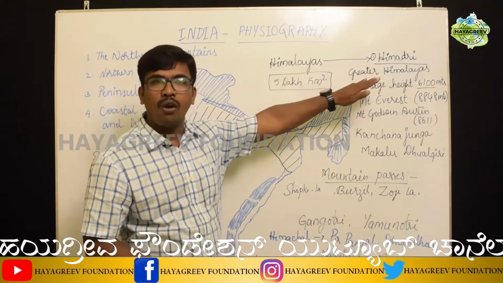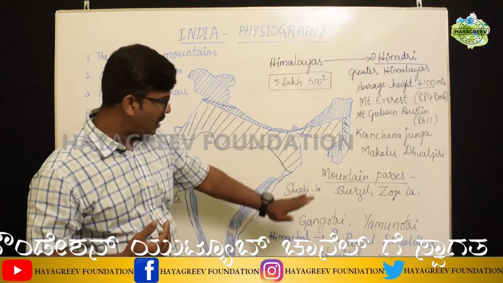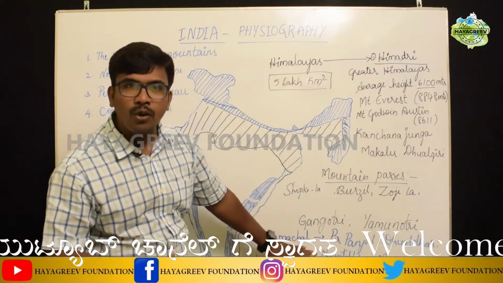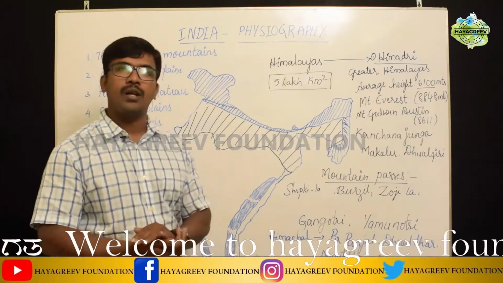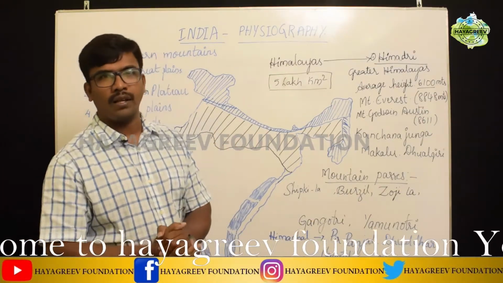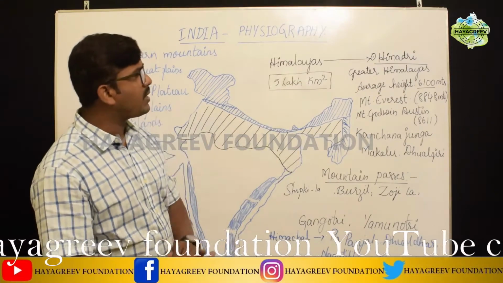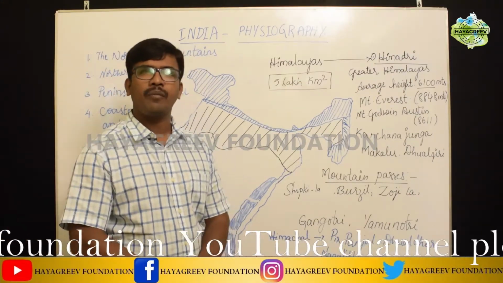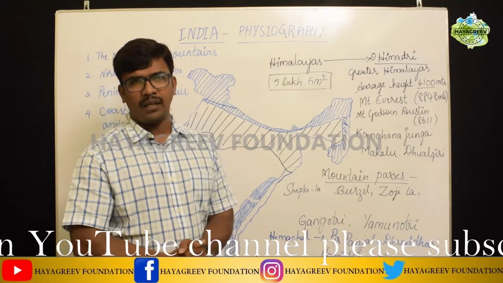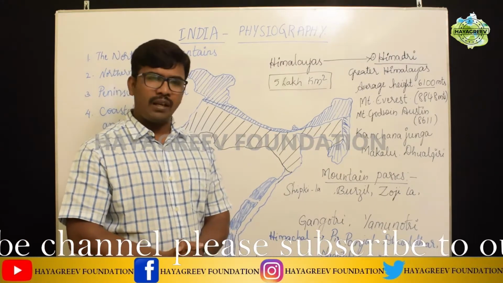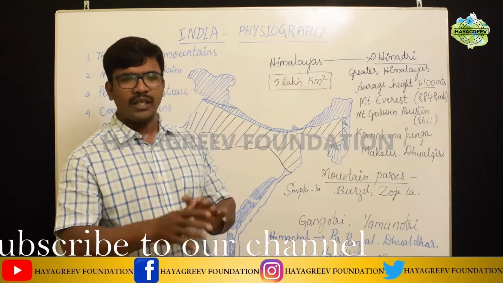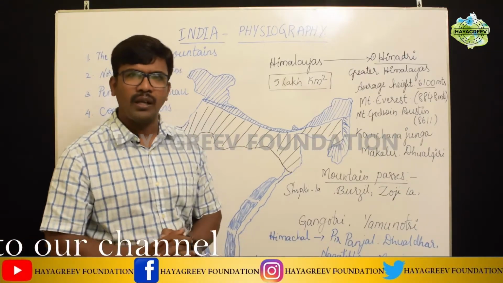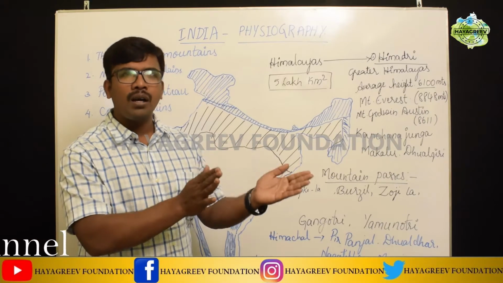Himadri is also called the Greater Himalayas, Himachal is called the Lesser Himalayas, and Sivalik is called the Outer Himalayas. First let us discuss Himadri. What do we mean by Himadri? It is covered with snow throughout the year, completely filled with snow. Hence it is called Himadri.